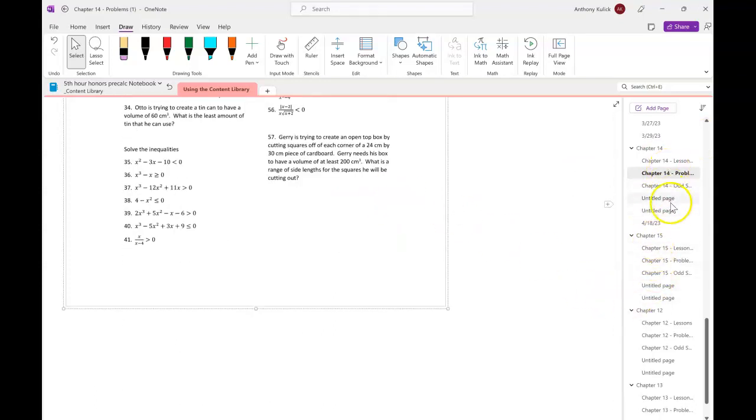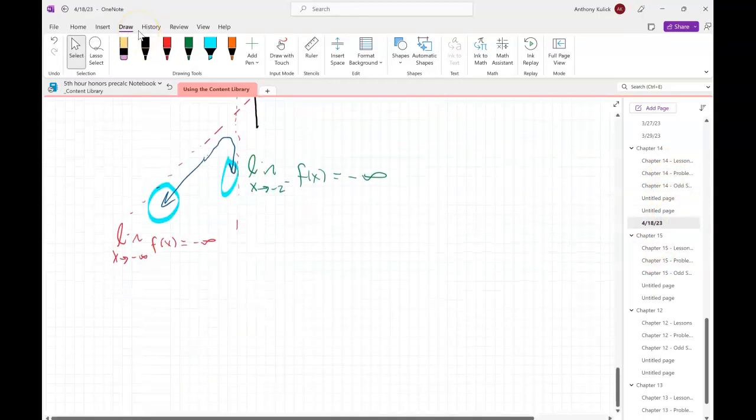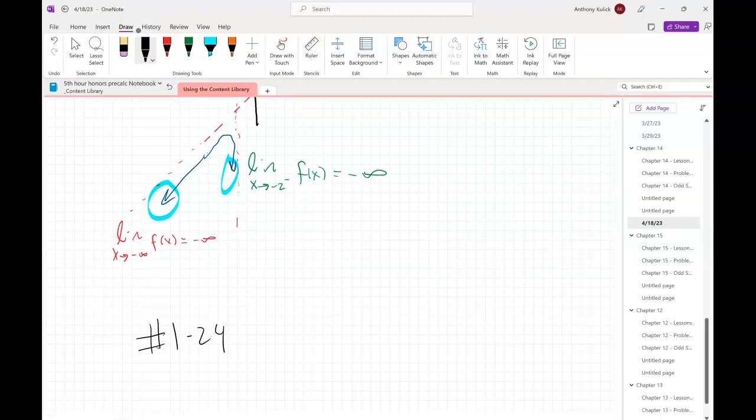But you guys should be able to do up through 24. And I feel like that's a good enough place to stop with just a couple minutes left. I don't think we'll have enough time to do the next one.